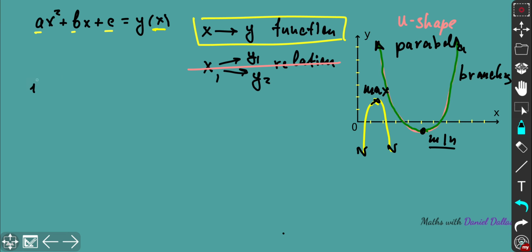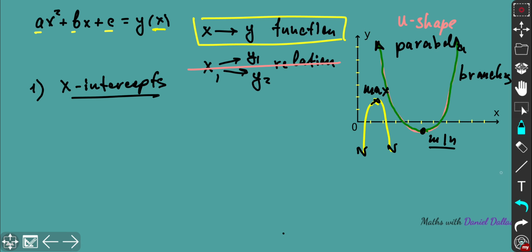First of all, we need to understand how to find x-intercepts. An x-intercept, as for the straight line, is the point where your graph, your function, crosses the x-axis. That's why it's called an x-intercept.